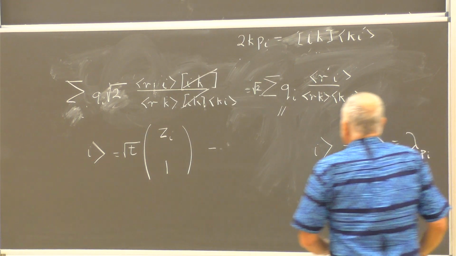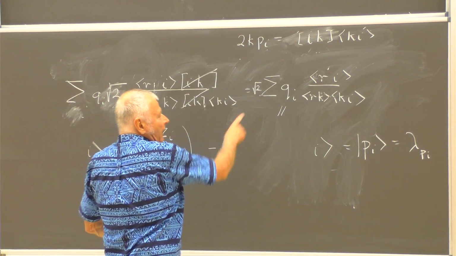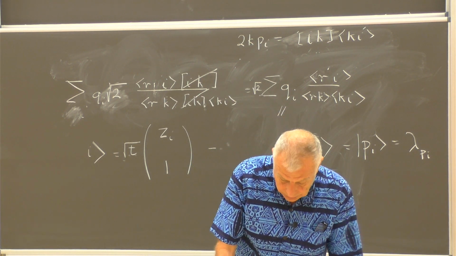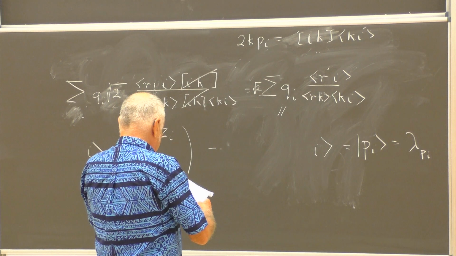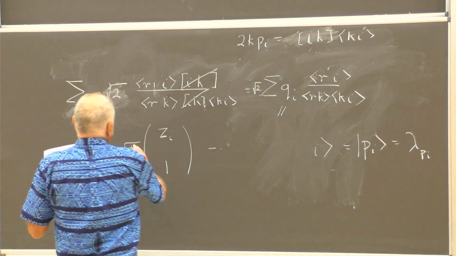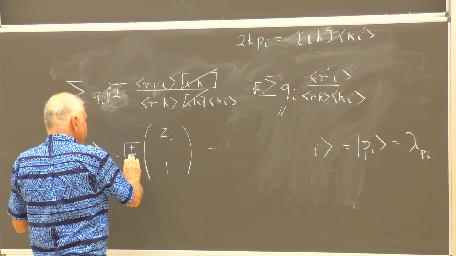So now, I could write this: this is square root of t.